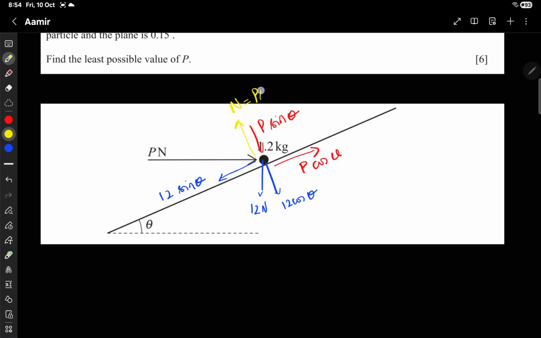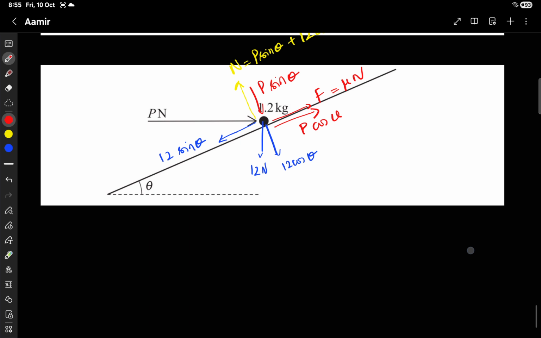So I can write that N is equal to P sine theta plus 12 cos theta. Also friction will be there because it is a rough plane. So friction will be in this way, equal to mu times N. N is given, mu value is given. Now the ball is at rest, so we have to equate the forces.